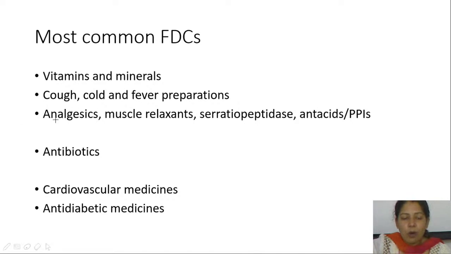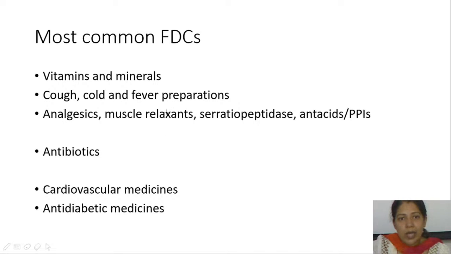Similarly, there are several combinations with analgesics, including non-steroidal analgesics, steroidal analgesics, with muscle relaxants, with serratiopeptidases, plus may or may not have antacids or PPIs added to it. So these again are not really relevant most of the times. If it is a visceral pain, different analgesic would be required. If it is inflammatory pain, different would be required.